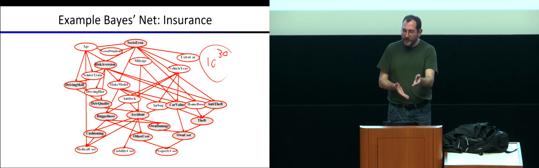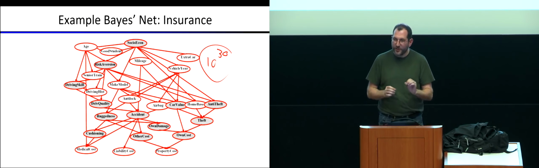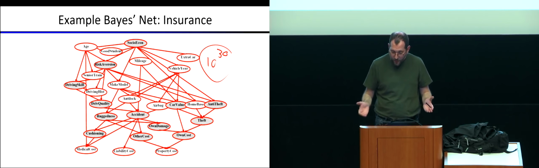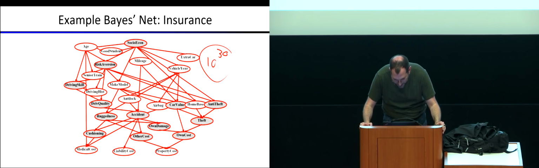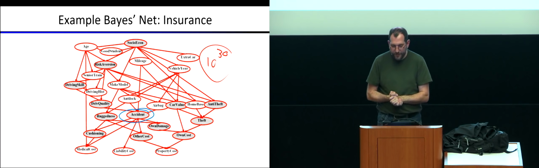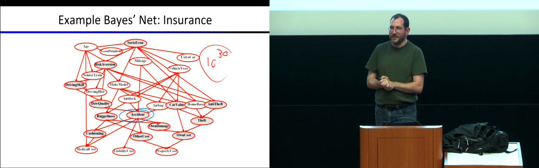But what this Bayes net also shows is what the direct interactions are. Let's find something interesting here. If you're an insurance company, you might care a lot about this variable: accident. That seems like something you want to predict.